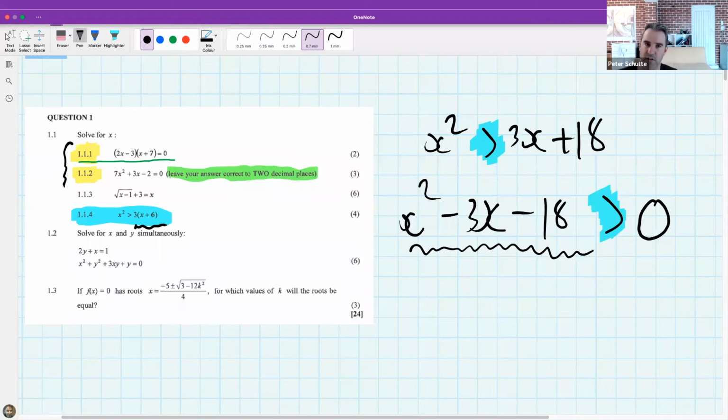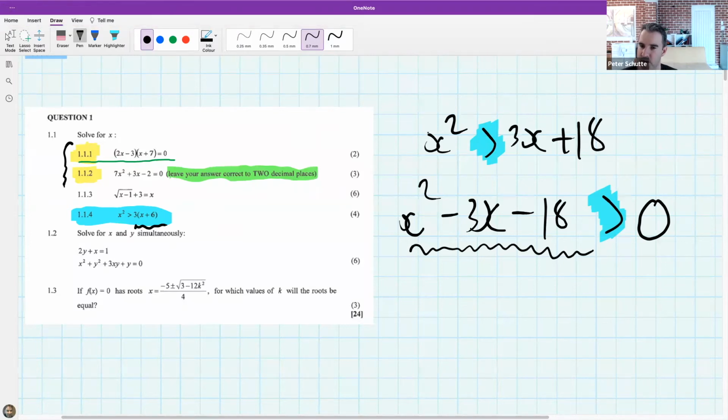Who else? Who wants to phone a friend or give us a little hint? So I think the formula, yes, exactly. So we can either factorize this, so using the trinomial factorization, or we can use the formula.